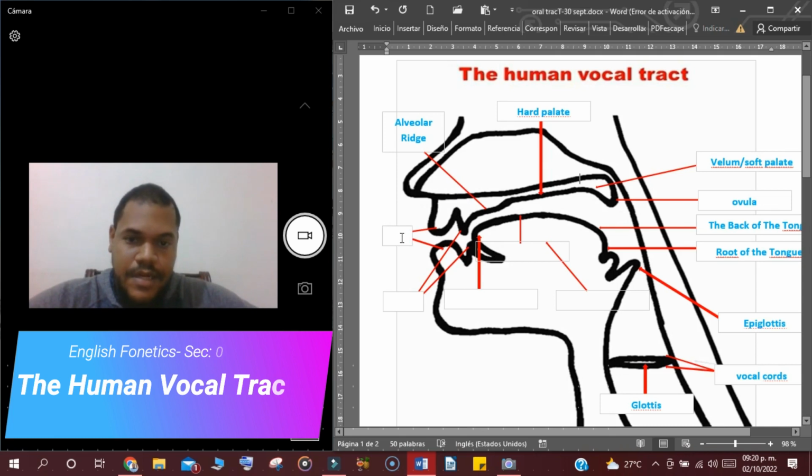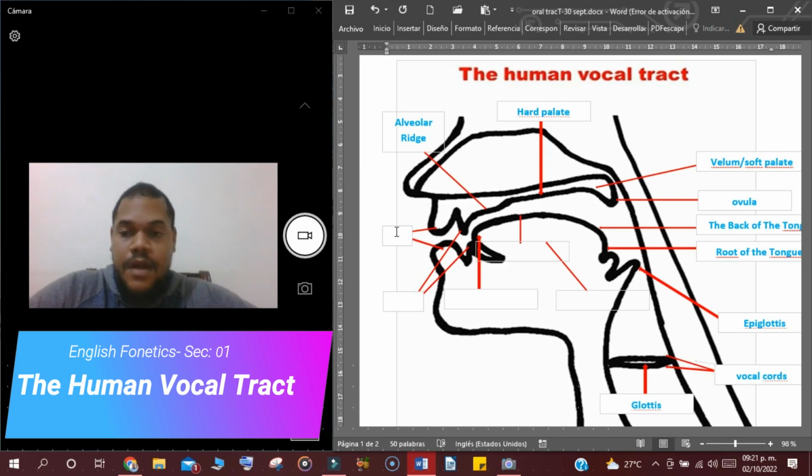So here we have the lips. The lips are involved in pronunciation because they can adopt different positions like rounded, spread, and neutral. It depends on the word that is pronounced. For example, in the vowel "oh," the lips get a little rounded.